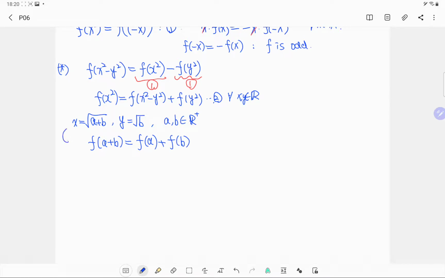So substituting into the original equation, we can get this one, for x, y positive real numbers.